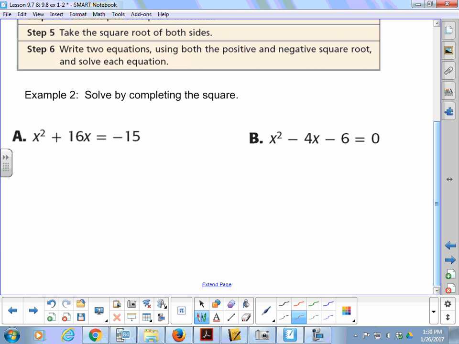It says x squared plus 16x equals negative 15. Now, when you write it on your paper, they've started it for us just the way we want it: the variables on one side, constant on the other. When you write it on your paper, leave a space between the x and the equal sign, because you need room to be able to complete the square.